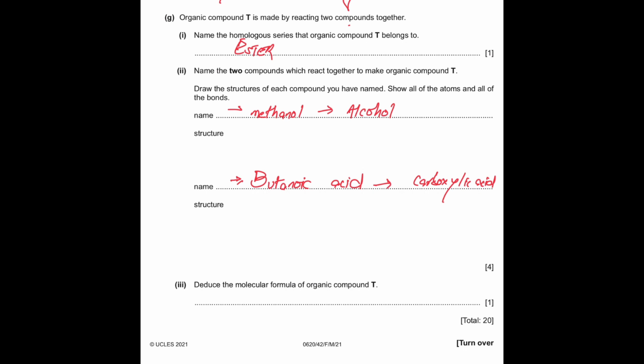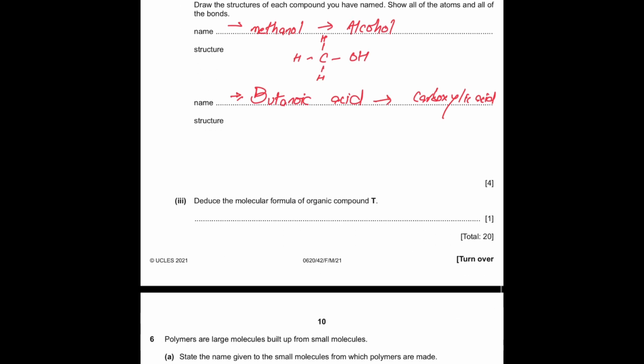Meth, so that is just one carbon compound. So one carbon and the functional group is OH, methanol. So all the other bonds are satisfied with hydrogen. And the next one is butanoic acid, and you know that the carbon that is attached with OH has a C double bond O. So you can write over here COOH.